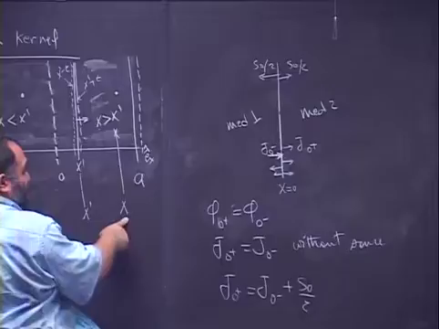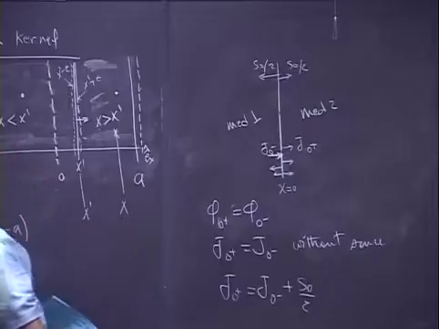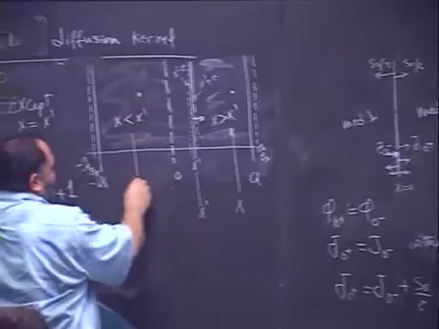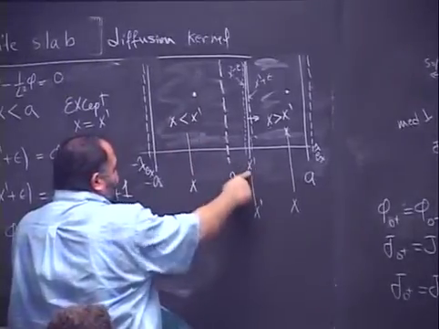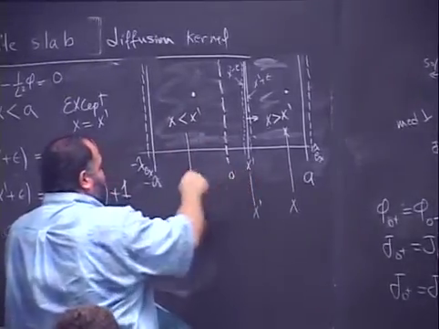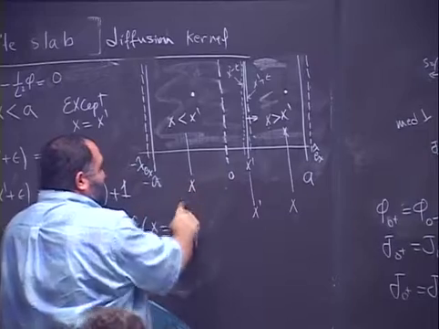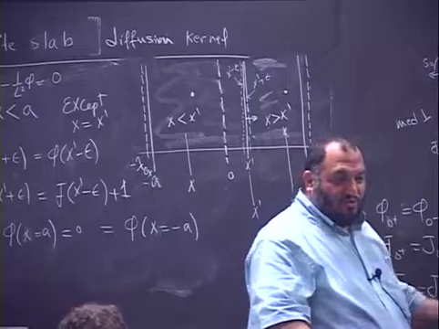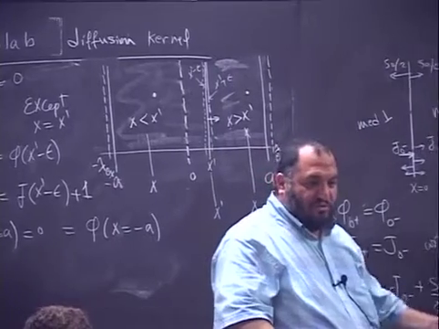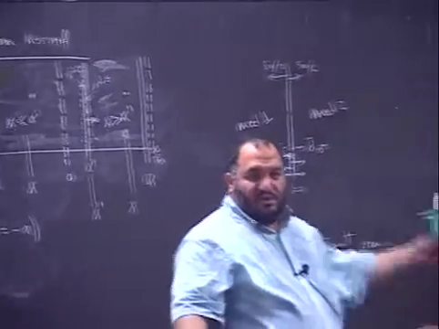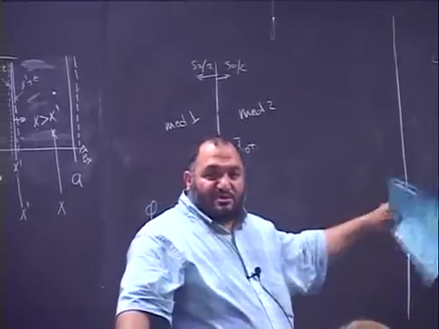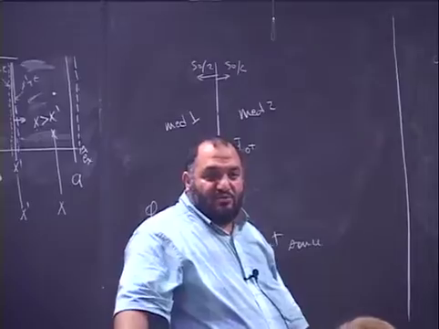So this is phi minus. And phi plus is where the point x is here and the source is here, so the source is at a positive location with respect to the measuring point. So minus and plus are with respect to where the source is located relative to the measuring point.